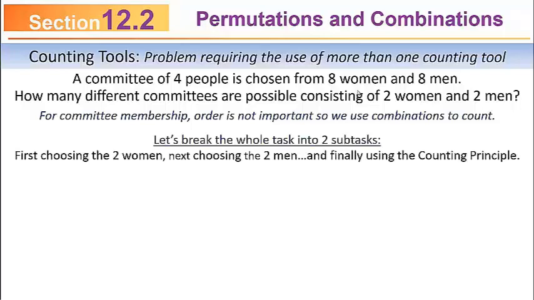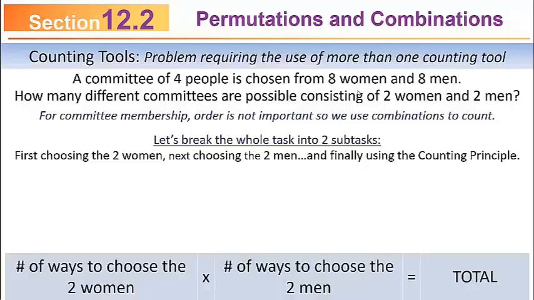But there's really 2 different stages. One stage is to choose the women, and the other stage is to choose the men. So even though for choosing women, we know order doesn't matter, we'll use combinations. And for choosing men, the order doesn't matter, so we'll use combinations. But since it's a 2-stage experiment, it will be embedded inside the counting principle.